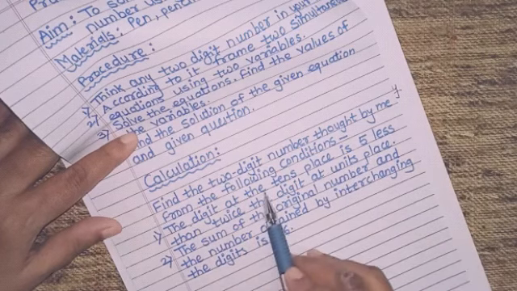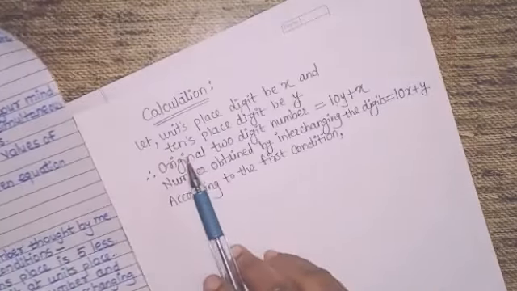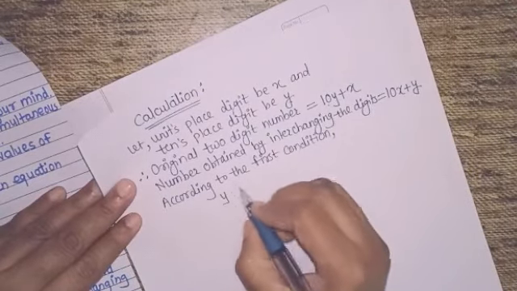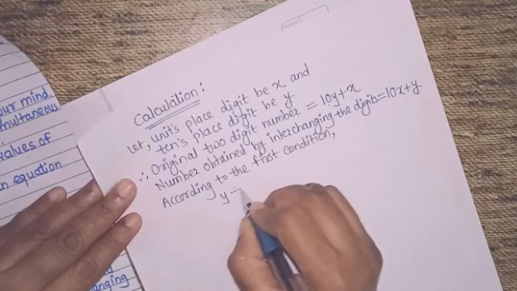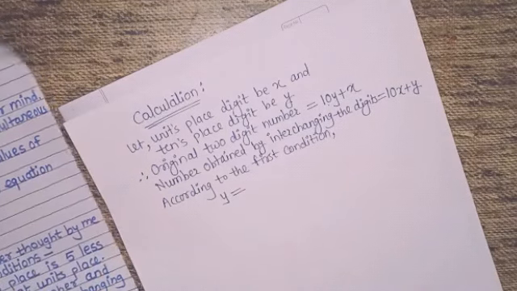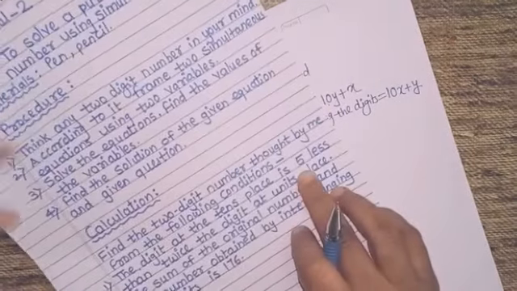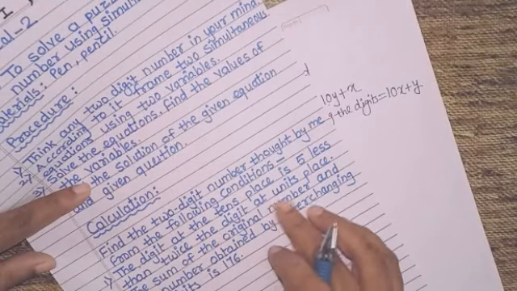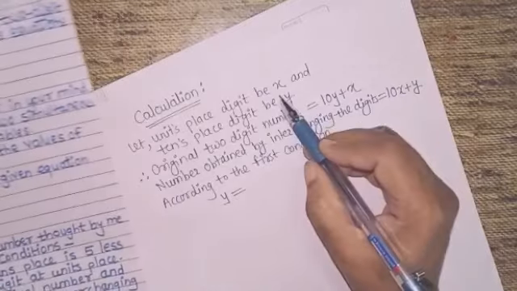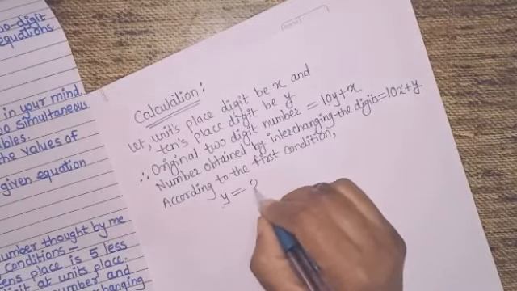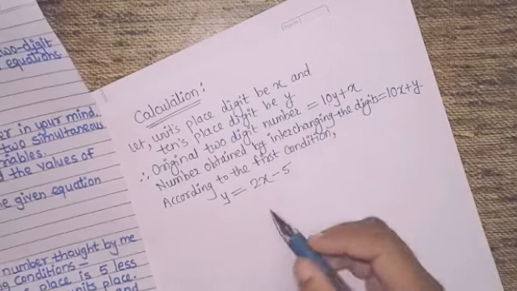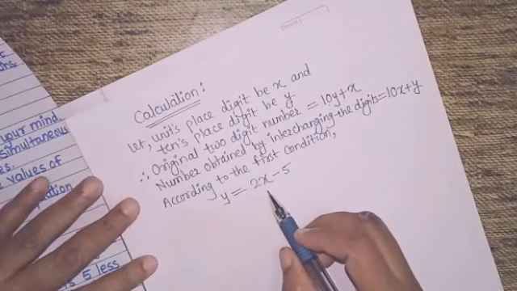So the digit at the tens place, which digit we assumed at the tens place? y. Wherever the word 'is' comes, we put equal to. 5 less than twice the digit at the units place, so twice the digit at units place is 2x minus 5. So we got the first equation.